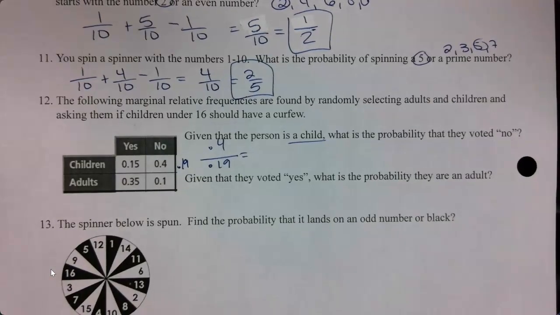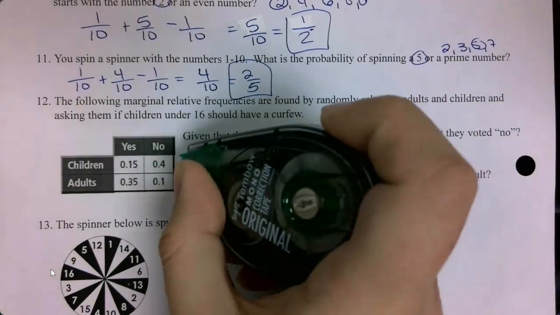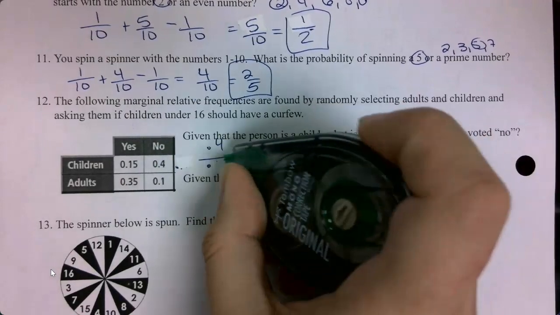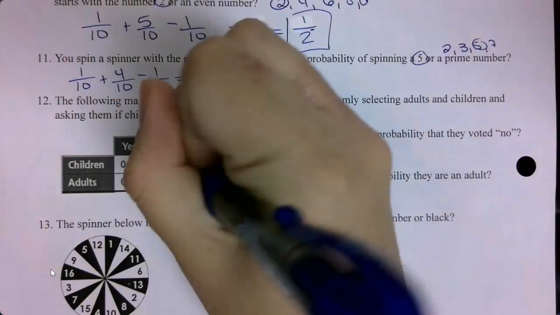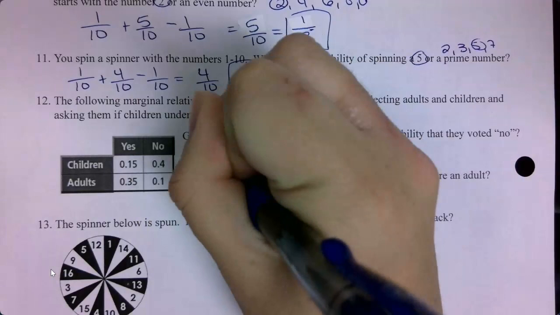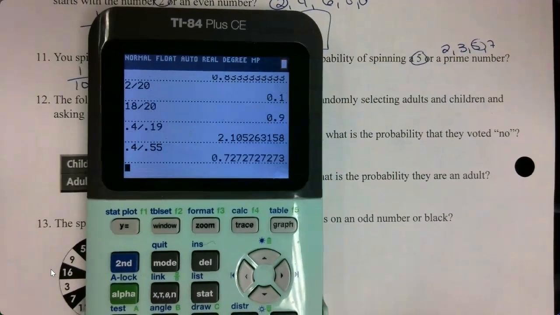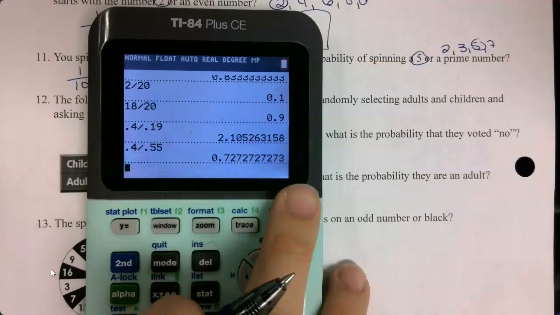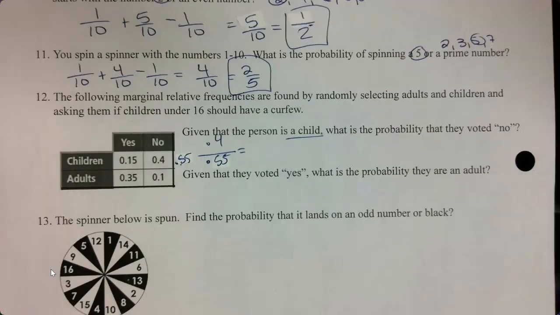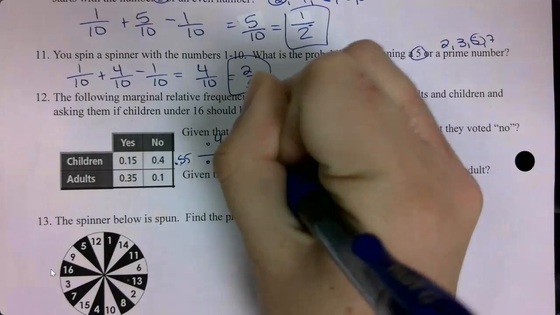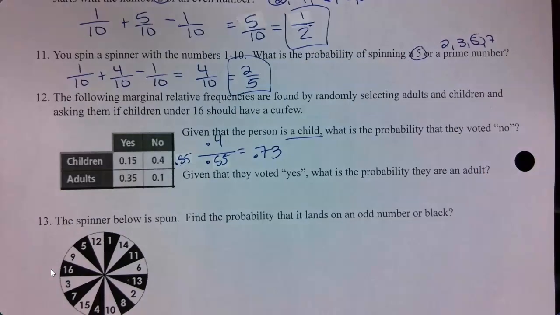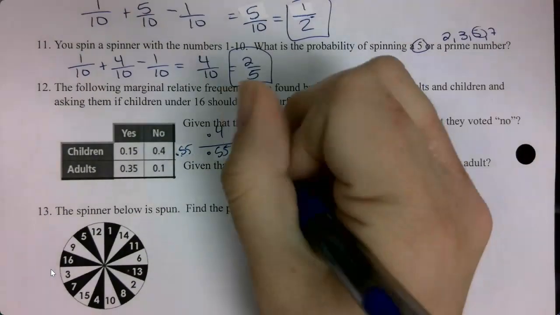Oops, I can't even add. Hold on. 0.55. 0.4 divided by 0.55 gives me 0.72. Let's round it to 2 decimal places because they did too.